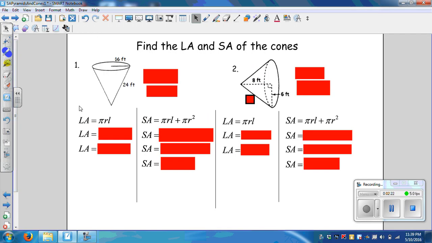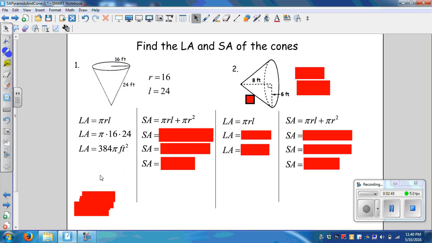Two practice problems. Number 1, find the lateral area and surface area of the following cones. So you have 2 things that you'll need to know. You're going to need to know the radius and the slant height. And this particular problem, they give you both of those. The radius is 16 and the slant height is 24. Calculating the lateral area is pi RL, so pi times 16 times 24 gives you 384 pi feet squared.